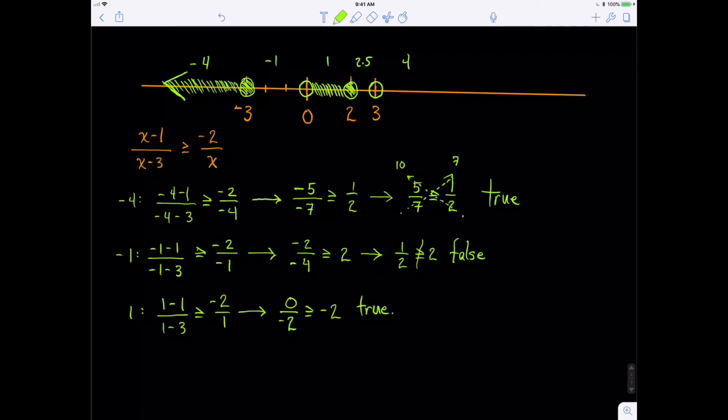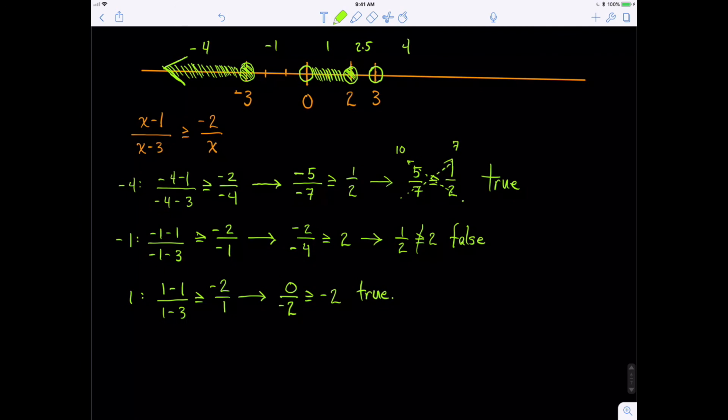Okay, let's keep going. Let's check our next region. This is going to be 2.5. So if I go 2.5 minus 1 over 2.5 minus 3, greater than or equal to negative 2 over 2.5. Well, let's see. This one looks like it could get a bit messy.